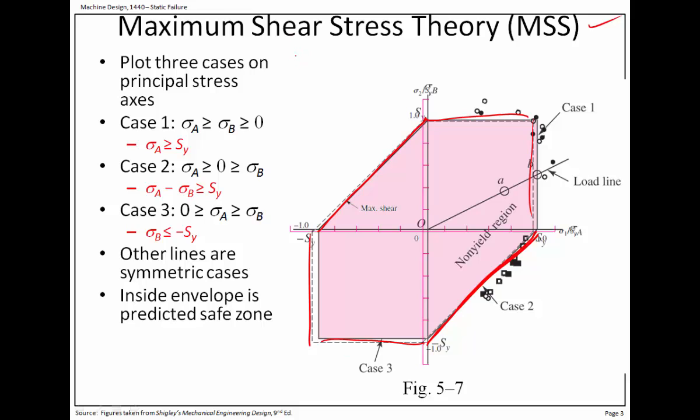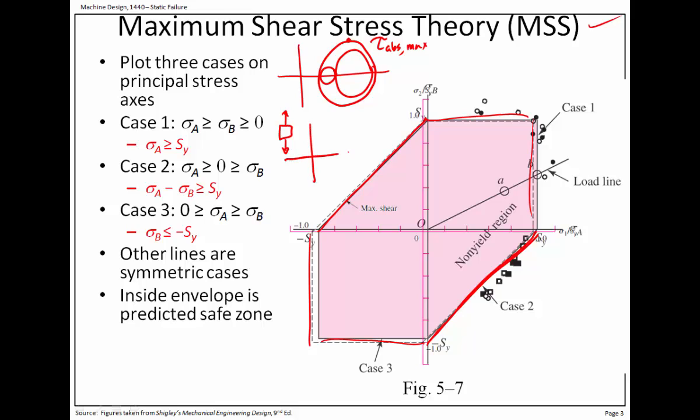What we try to find here is, when we calculate the stress situation for a piece, we find the principal stresses in Mohr's circle here, and in this maximum shear stress theory, we're going to find the absolute maximum shear stress, which is going to be up here, as we've described earlier. Now, we want to do an apples to apples comparison. A pull test is going to have stress in only one direction.